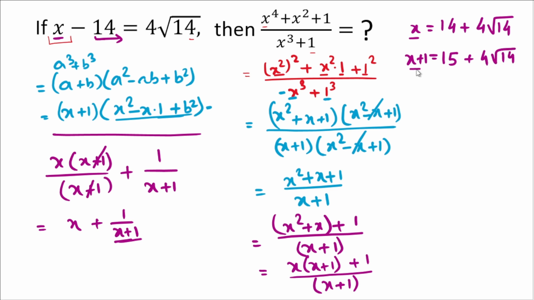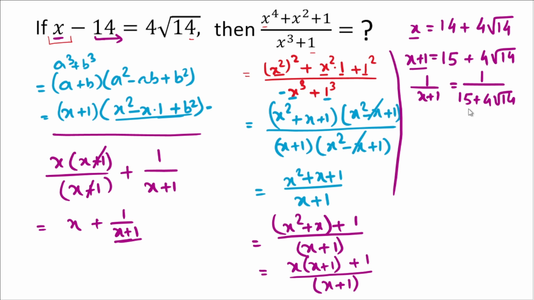Now from x plus 1 we'll calculate 1 over x plus 1, taking the reciprocal, so on the right-hand side we have 1 over (15 plus 4 square root 14).